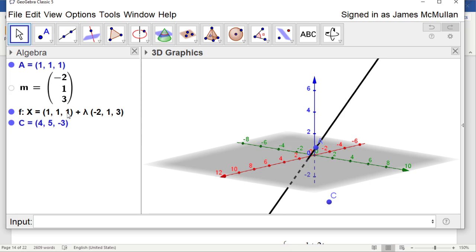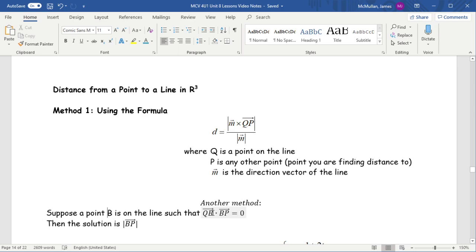I don't think that's a super way of doing it, although it can be good. All you got to do is plug this in, and of course QB is really just the direction vector of the line, so it's even a bit simpler than I made it out to be.